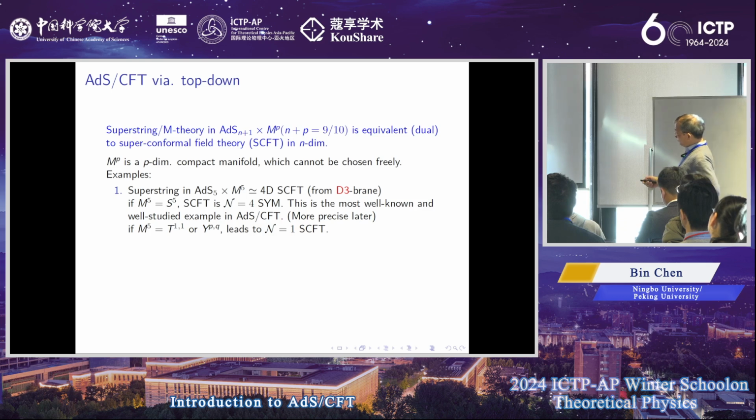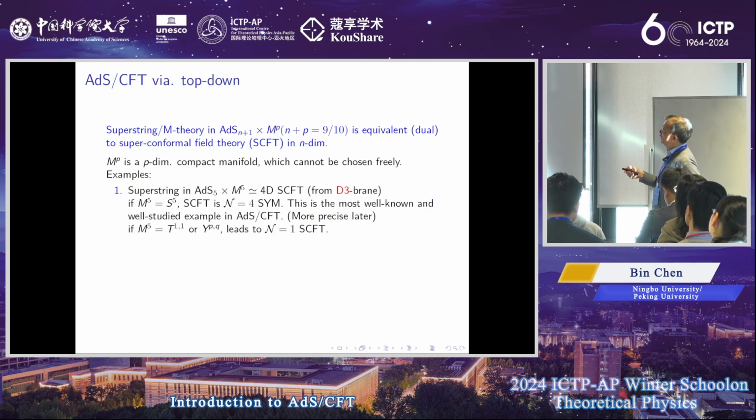But if this M5 is not a 5-dimensional sphere but some other kind of 5-dimensional Einstein manifold, like T11 or Y^{p,q}, then you will get a superconformal field theory with less supersymmetry. So the supersymmetry is closely related to this compact manifold.